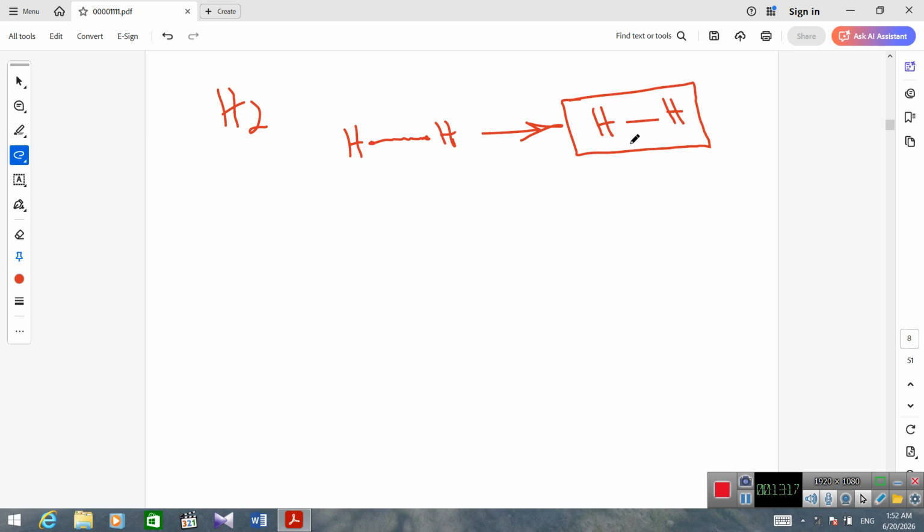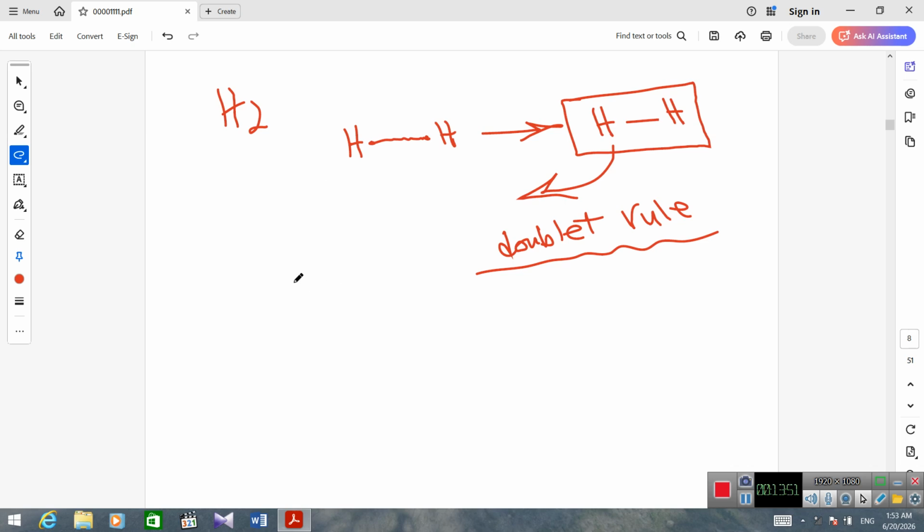The most important point is that hydrogen doesn't follow the octet rule. Hydrogen follows the doublet rule, and always forms 1 bond and reaches a double electron in its valence shell.